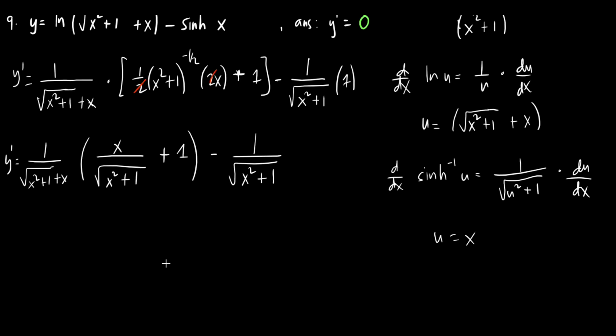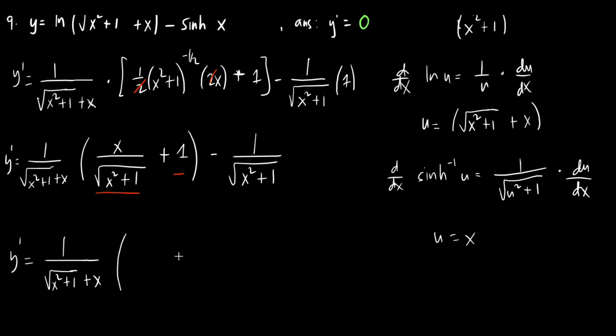So after this one, we will combine this term and this term. So just copy. We have y prime is equal to 1 all over the square root of x squared plus 1 plus x.